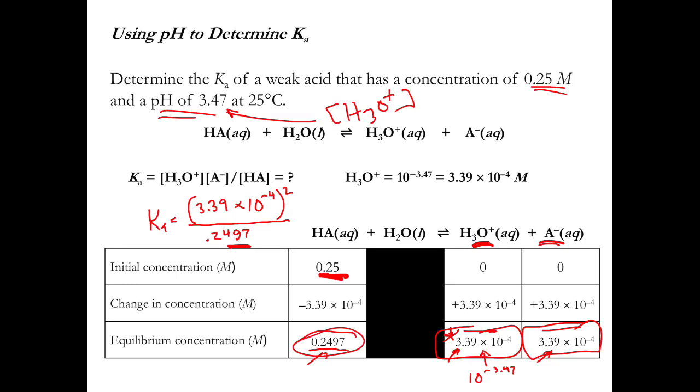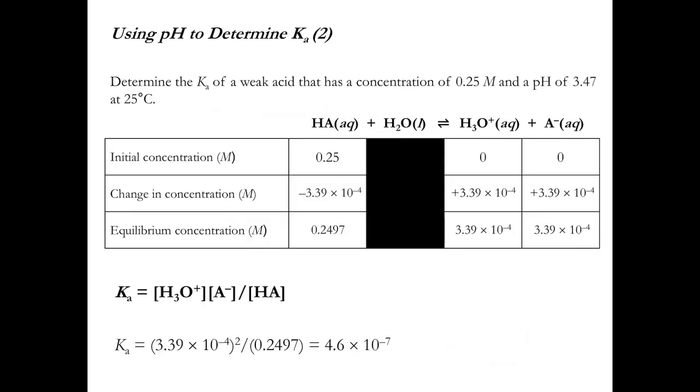So whether you want to use 0.2497 or just stick with 0.25, most of the time, not subtracting out that small x, as long as x is tiny, is not going to make any difference at all here. So once we substitute in and solve, we should find a Ka value of about 4.6 times 10 to the minus 7.